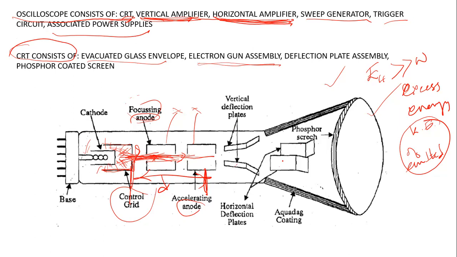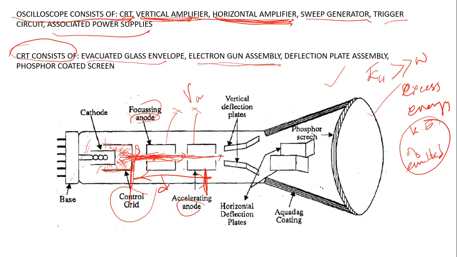So this cathode ray tube assembly, this CRT, generates these cathode rays or the electrons, and then it accelerates those electrons. The accelerated electrons pass through these cylindrical tubes, this control grid, focusing anode and the accelerating anode, and they are accelerated via the potential supplied to this anode VA. These accelerated electrons are then passed through the deflection plates.